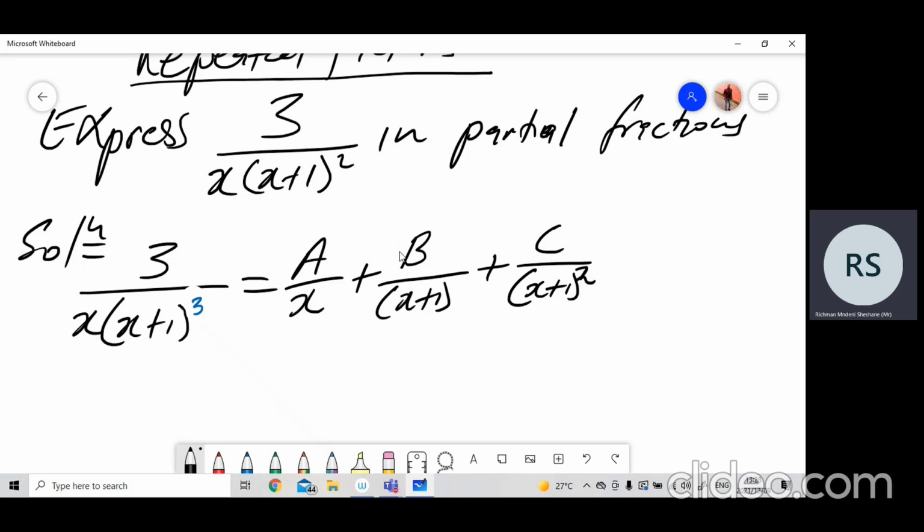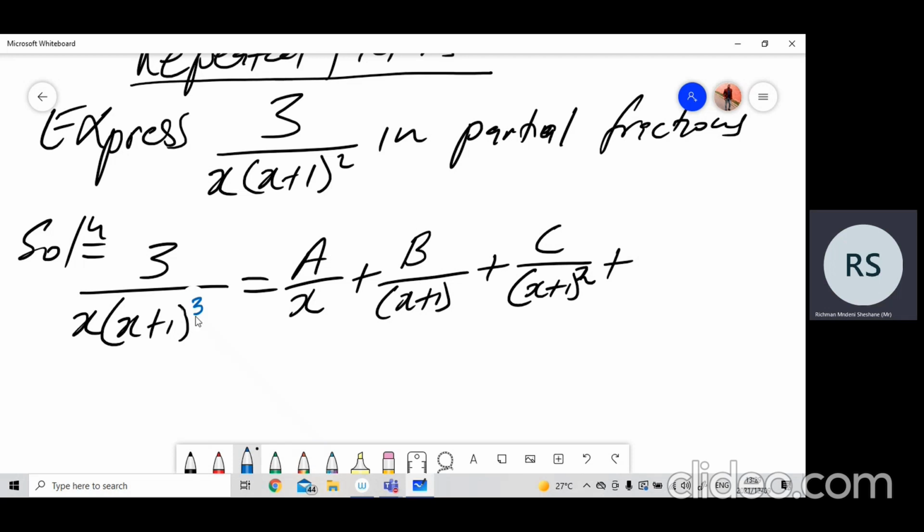So it would give us a constant over x plus 1 to the power of 1, then repeat with a constant over x plus 1 to the power of 2, and repeat up until the power of this number, 3.